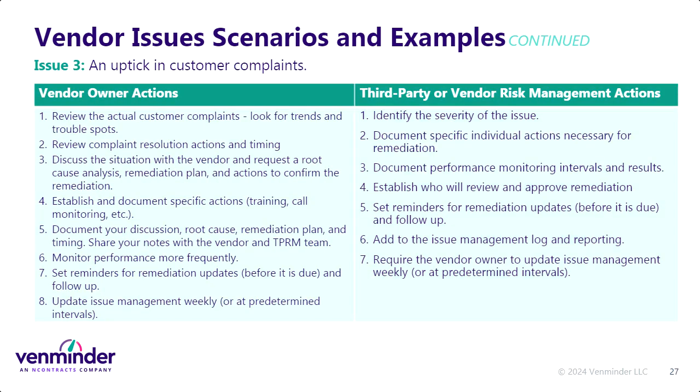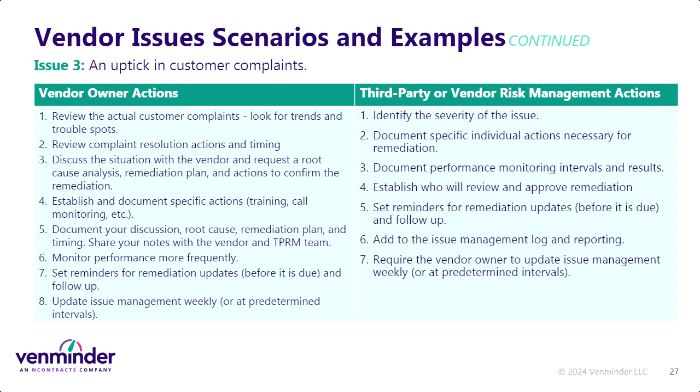The third issue is you're seeing an uptick in customer or member complaints. So the vendor owner is going to review those complaints, looking for trends and trouble spots. Review the complaint resolution actions and timing, discuss it with the vendor, and request a root cause analysis and plans to resolve. Document those actions and make sure that information is passed along to the TPRM team.